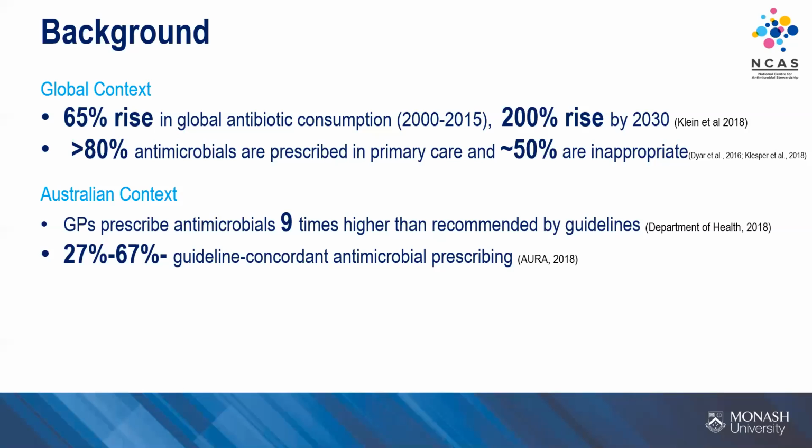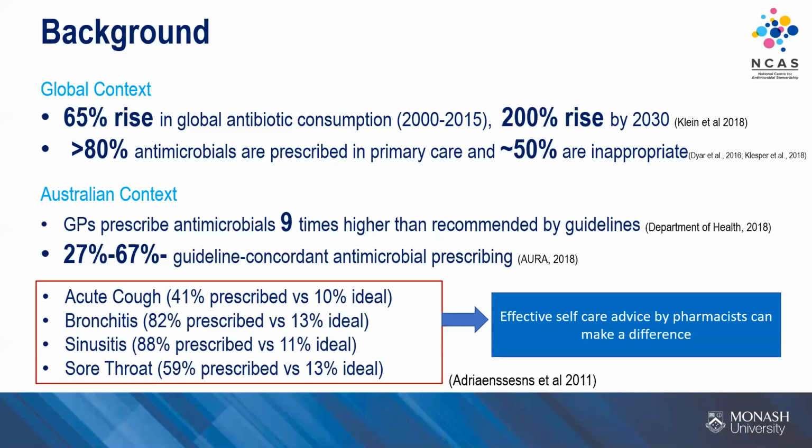If we look at the common respiratory tract infections and compare their antibiotic prescribing rate with the ideal, this is where we understand that effective self-care advice by pharmacists can make a difference in stopping or minimizing the unnecessary use of antibiotics.